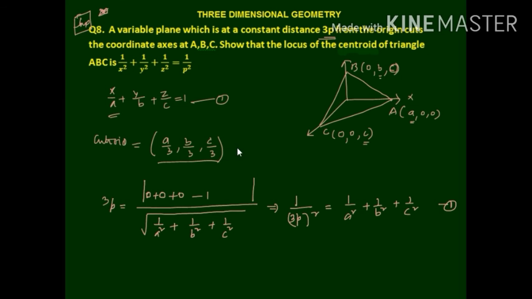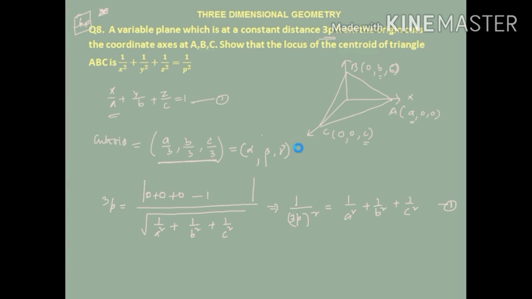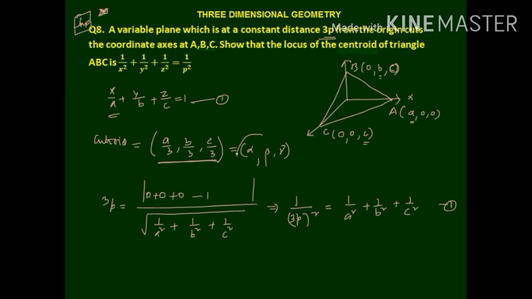in the meantime, try to remember that this is the coordinate of the centroid, which we can name as alpha, beta and gamma, right? And they are asking you to find the locus of this. That means we now need to find a relation of alpha, beta, gamma with p.